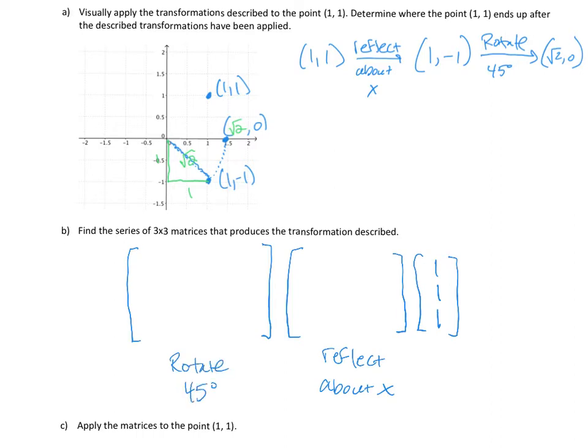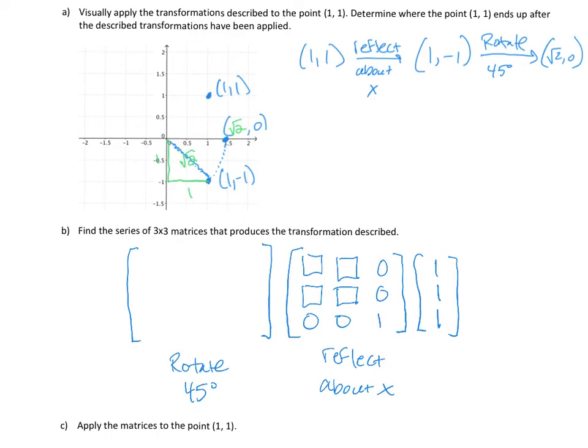So my templates for a reflection, any linear transformation, which is anything other than a translation, always have this template, 0, 0, 1, 0, 0. And then what we have to fill in are these last 4 blocks of a 2x2.